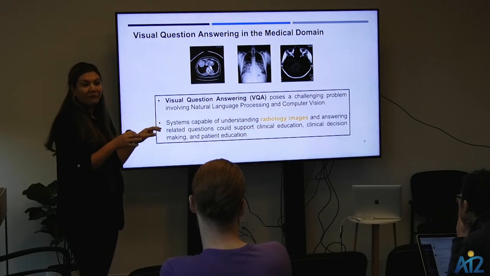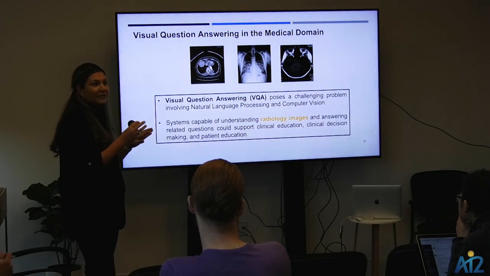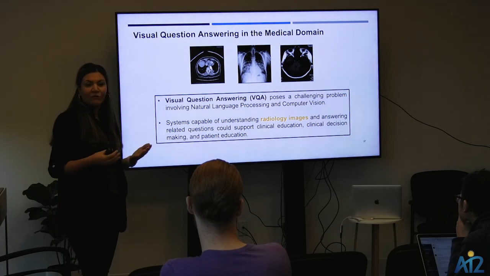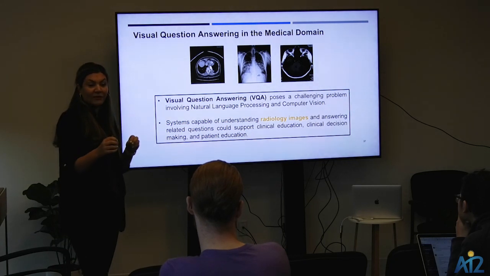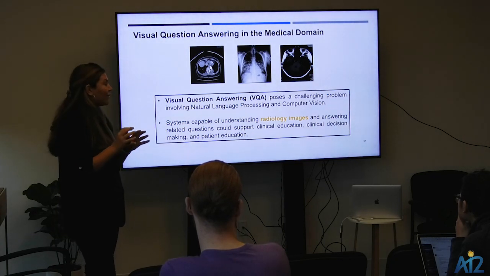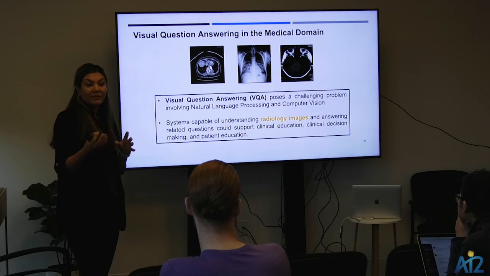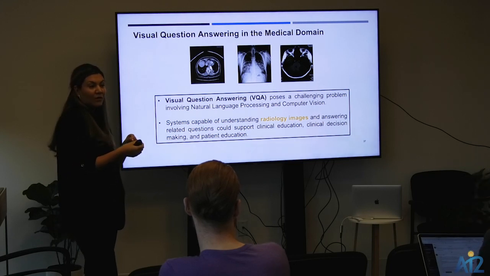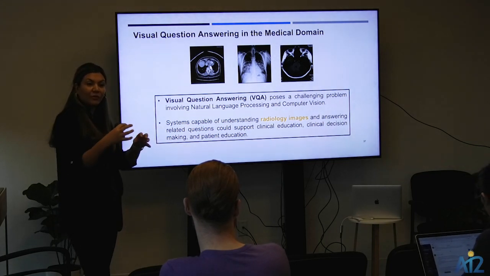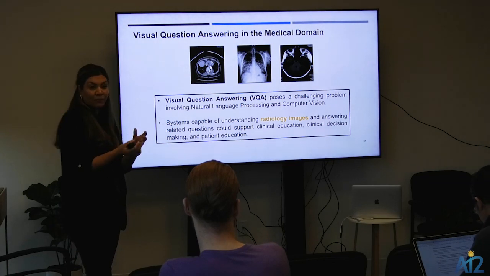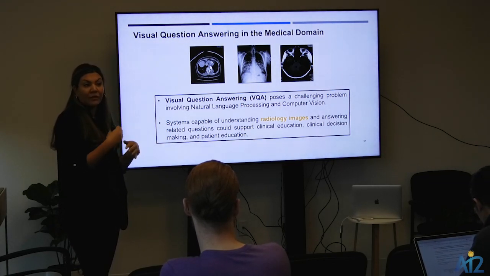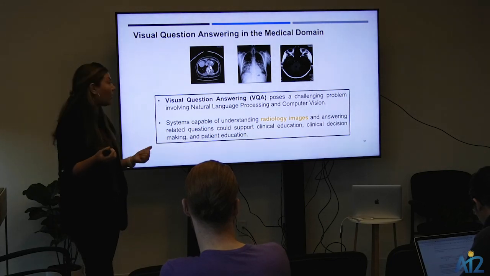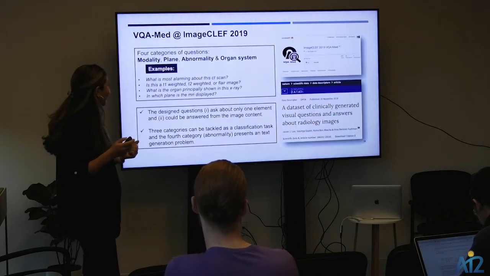And this task became very popular since 2015 with the introduction of the VQA challenge and the datasets of thousands of images and related question and answer pairs. Another existing dataset is the VizWiz dataset of general images and related questions and answers designed for blind people. For the medical domain, VQA is also relevant for clinical education and also clinical decision support.